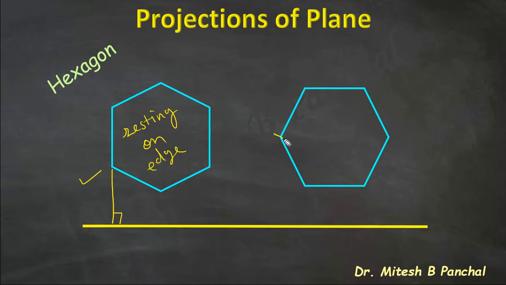And if you consider this particular orientation, then the line joining the corner and center is parallel to xy. This orientation can be considered when the hexagon is resting on one of its corners.